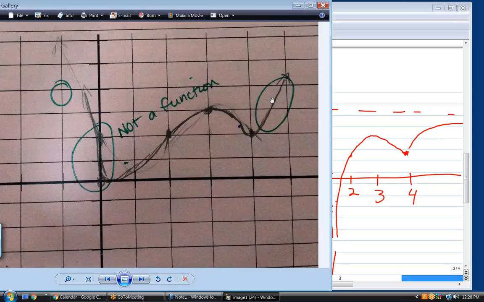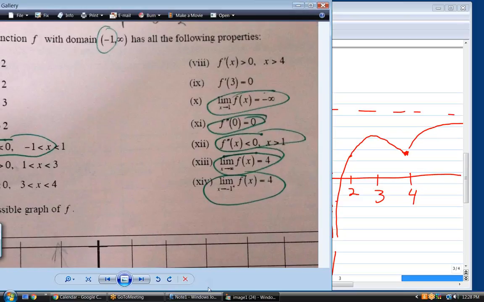Notice why she circled that. I didn't use the horizontal asymptote. No, the second derivative was negative, so it had to be concave down. In other words, the second derivative was less than 0 when x is greater than 1.